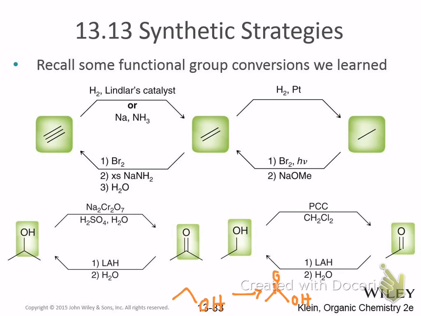So either one of those would do that. And then over here, you could also have carboxylic acid, which you can go to like this, and this is going to be chromic acid, H2CrO4. And you can go back.